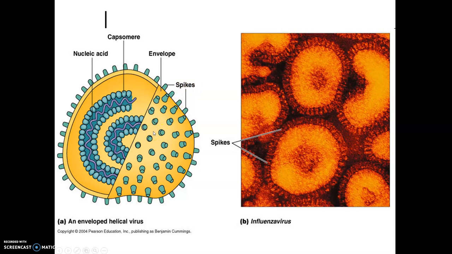The spikes are what give the influenza virus the ability to infect our cells, and the spikes are also what we use to identify the different strains of the flu. So the flu could be H1N1, it could be H2N1, it could be H2N2. Those names come from the different spikes that are found on the outside of the envelope.